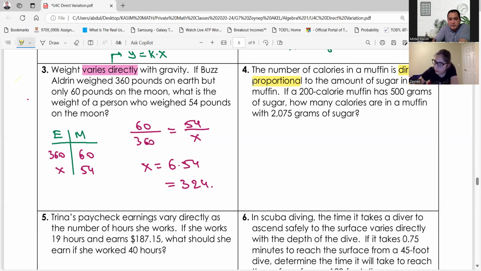That varies directly or directly proportional, the same thing. So which one is y here? Calories or grams of sugar?